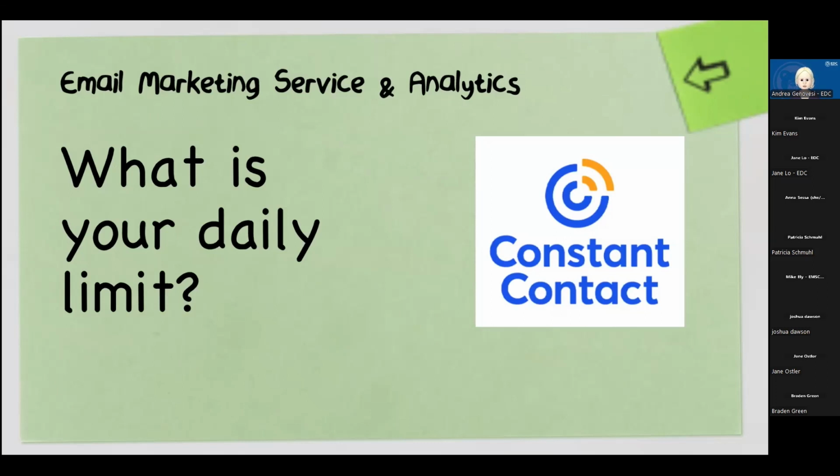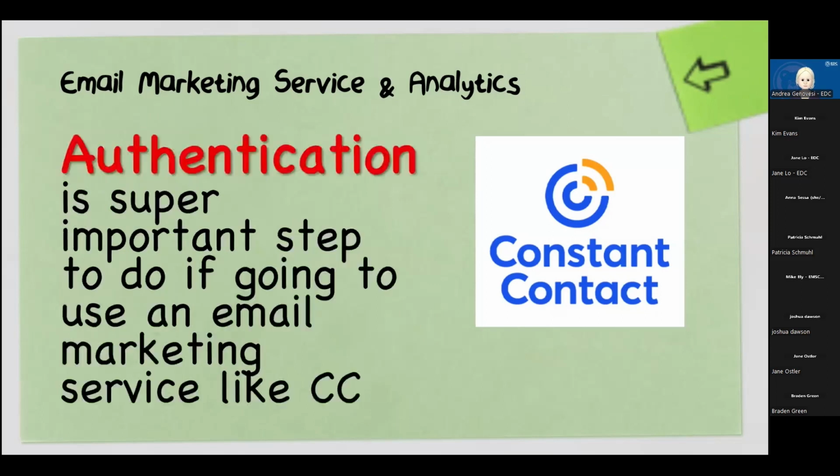So that's why we went with Constant Contact, or I should say an email marketing service. And this is not a promotion of Constant Contact. It's just simply the university had a contract with them and they met HIPAA requirements that we had. And this is a shout out to Emily Lemiska for a big lesson learned that thankfully she told us about before we even did the field test, is that it's important to do authentication.